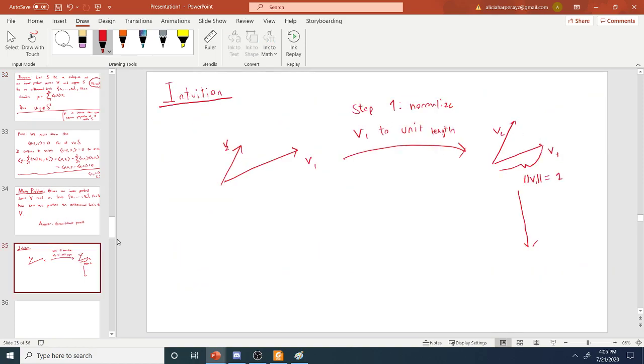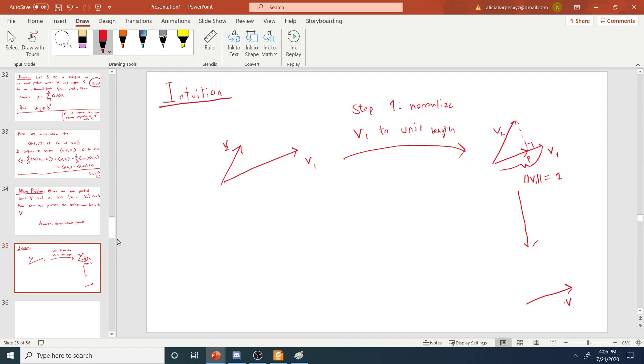Now, I haven't proved this, but it might help you understand things intuitively. So, intuitively, in step 2, we're imagining the vector p. In this case, it's not only the least squares projection, it's also the vector projection. So then what we do is we take p and we subtract it from v2 and we get this picture.